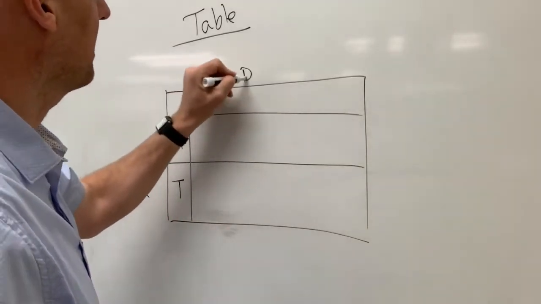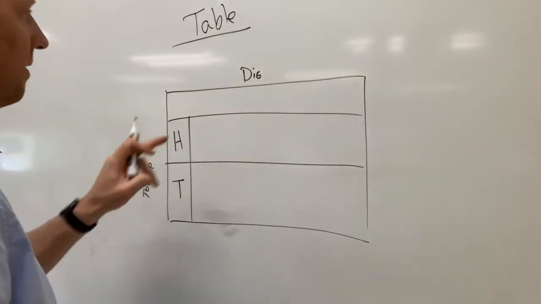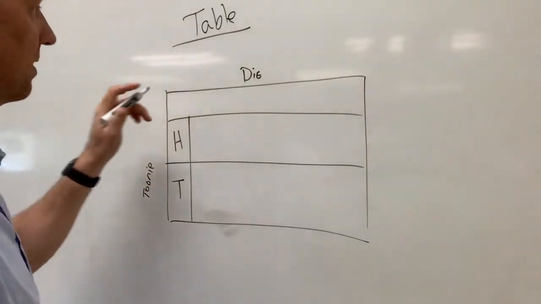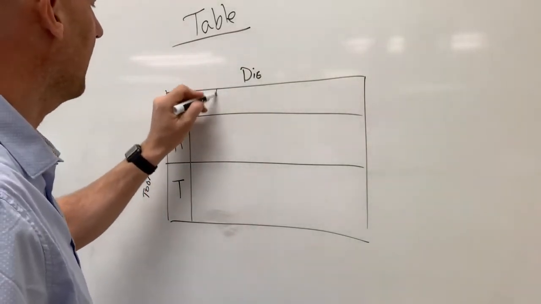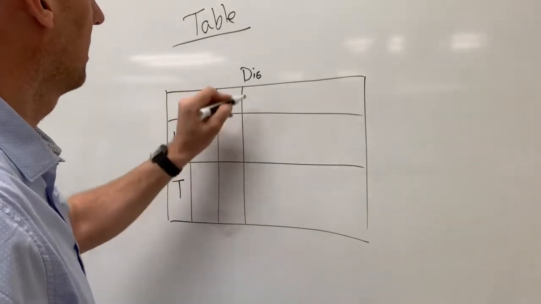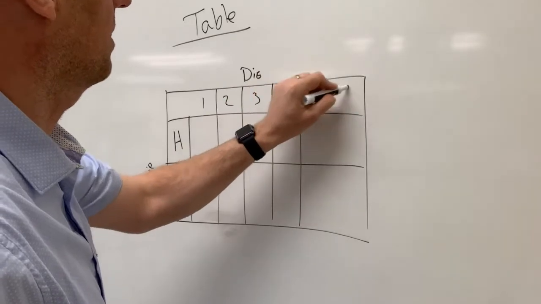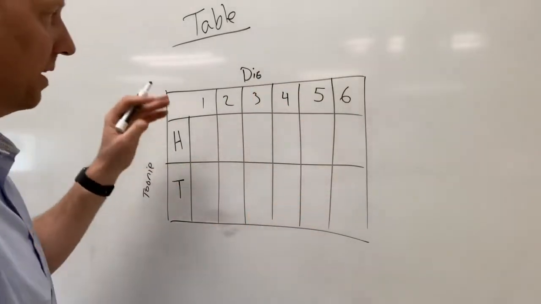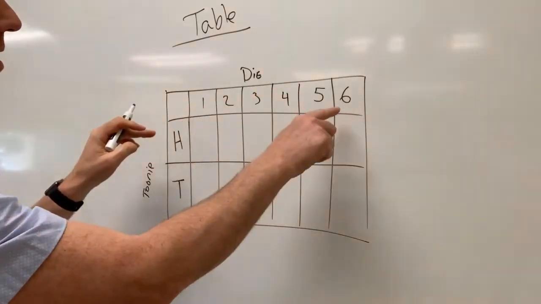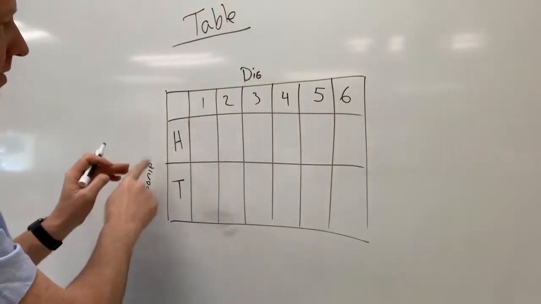Okay, and up here is going to be the die. So event 1, event 2, or event 2, event 1, it doesn't matter which way you do it. So with the die, we can have 1, 2, 3, 4, 5, and 6. So now there are our possible outcomes for the die and possible outcomes for the toonie. Now I can fill in the table.